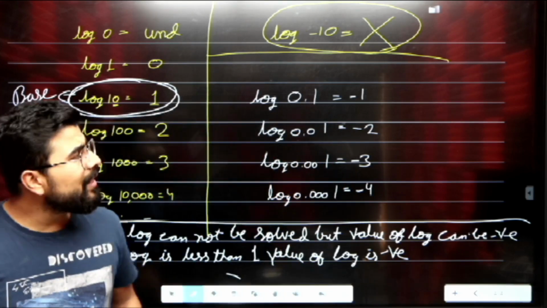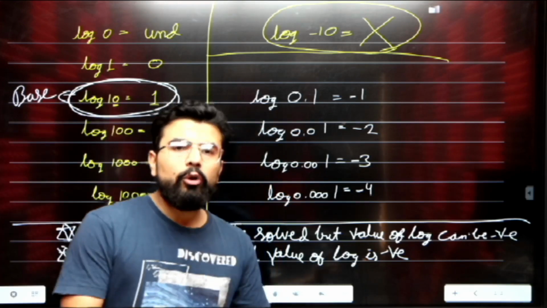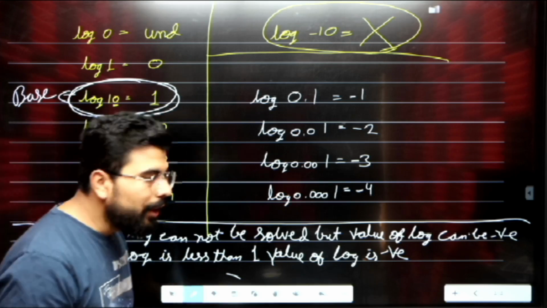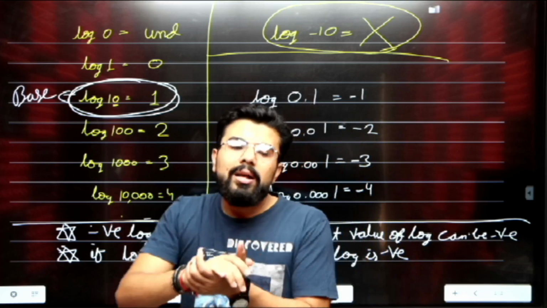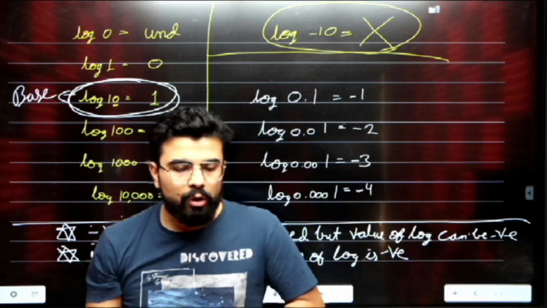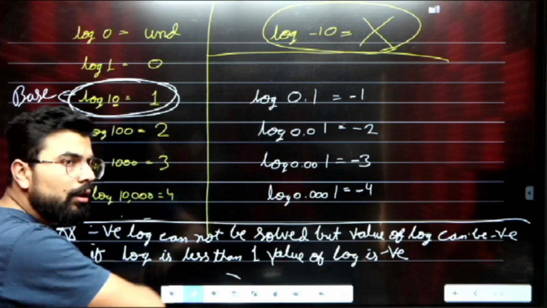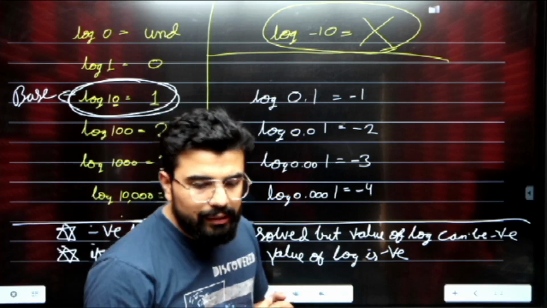Sir, is it always? Yes. Why? Because you are doing minus 1. If you take any number less than 1 and take its root, it would be less than 1 only. And then if you subtract 1 from it, your answer would definitely be negative. Yes or no, guys? Yes, sir. So the value of log is negative when the number is less than 1. Is that clear? Yes.